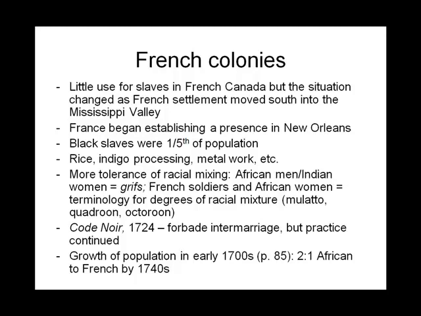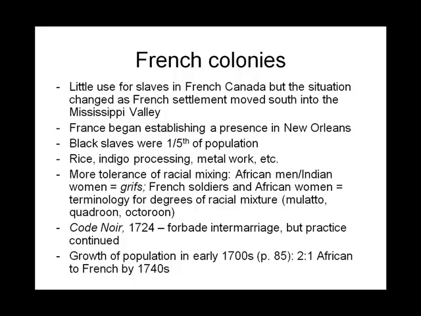In the French colonies, there was also a greater tolerance for racial mixing in the early periods of the development of Louisiana. In fact, the French had different names that they would assign to every degree of mixing in their colonies.